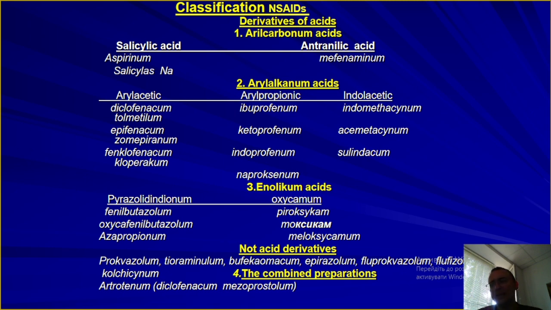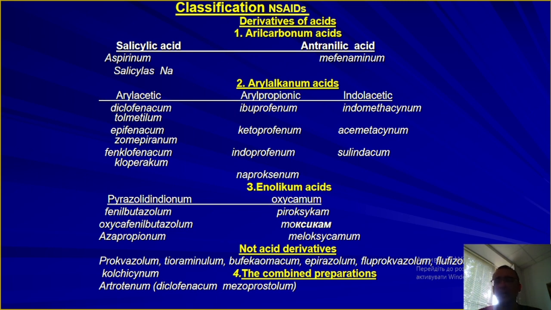So that's why it is important to remember several groups of these drugs, and if you don't receive a good clinical effect after prescription of one of them, you should change the group, but not the pharmacological name of the drug.